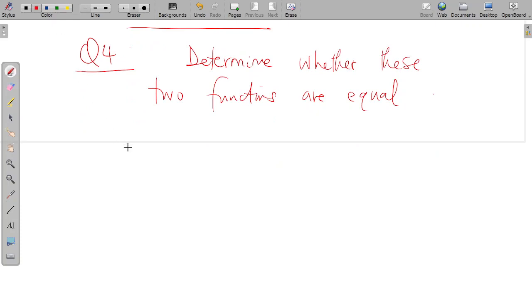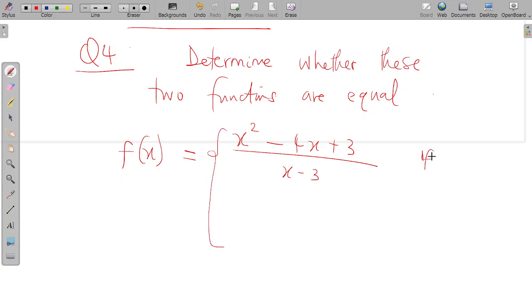The first one is our f of x, which is x squared minus 4x plus 3 all over x minus 3 if x is not equal to 3, and then we have 2 if x is equal to 3.